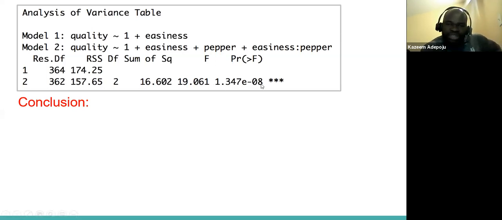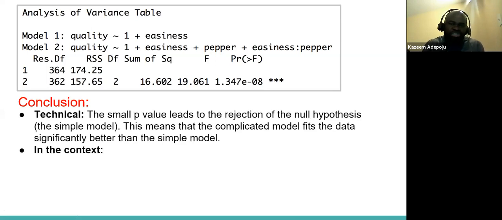So since the p-value is less than 0.05, I'm actually going to reject model 1. And that is the conclusion, because of course the p-value is very, very small, which means that the complicated model actually fits better than the simple model.